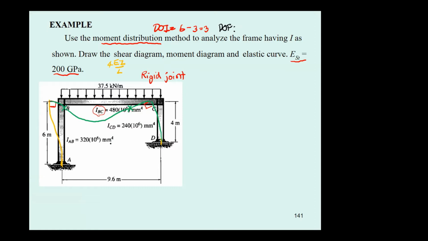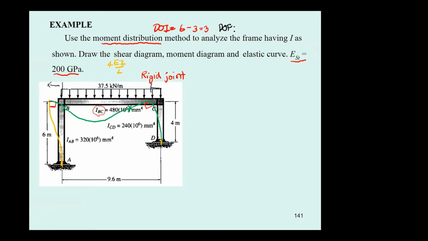It may not be correct because you don't have the moment diagram yet, but it gives you the idea that the frame is going to have some sidesway to the left.